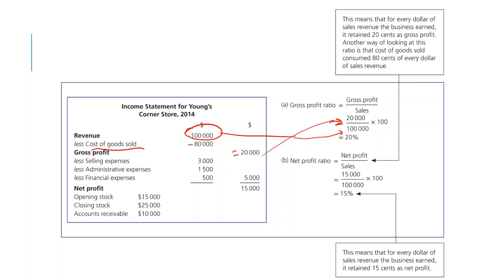Alternatively, we have our net profit ratio, and this will give us a better idea of where our business is because our operating expenses are often very high, especially in Australia. Part of the reason why many businesses outsource overseas. So we've got our expenses here, and that equals 5,000.